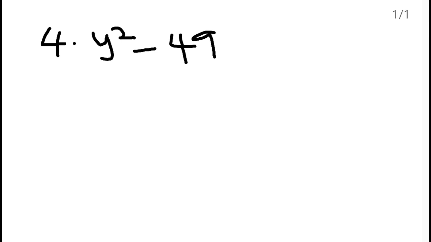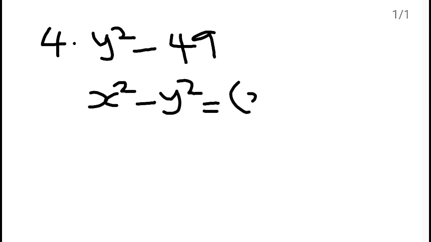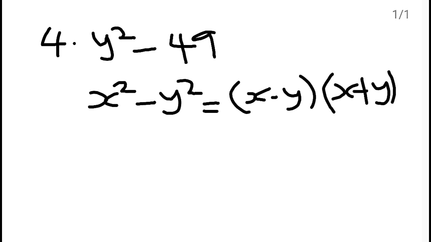The only thing that you must not forget is the general formula for the difference of two squares, that is x squared minus y squared equals x minus y multiplied by x plus y. But your question could be, in all the times should we be using x and y?